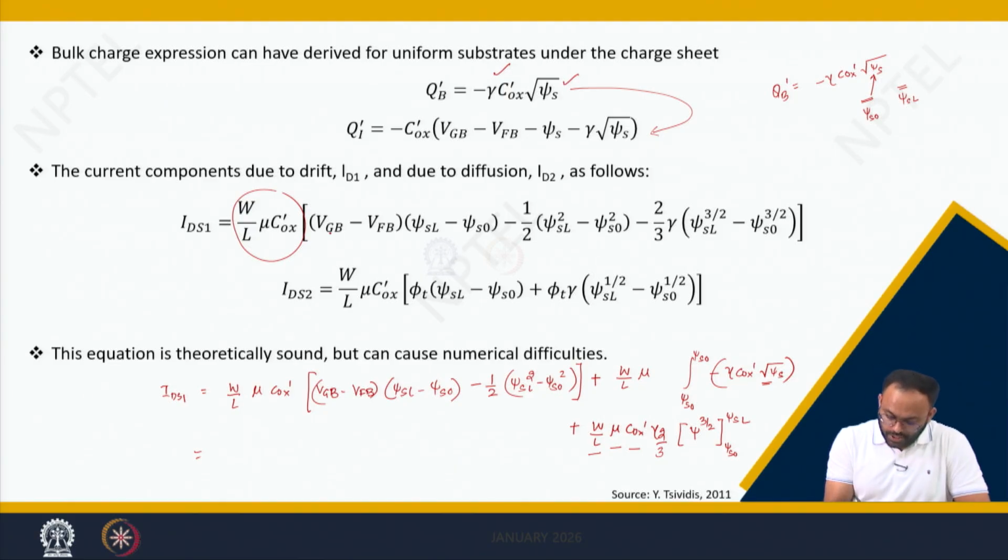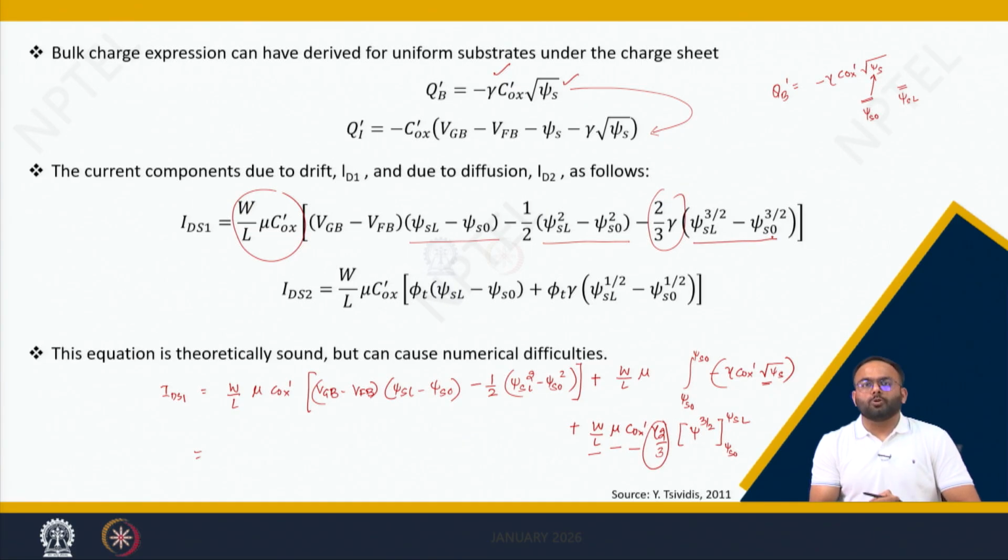So you will get (VGB minus V flat band voltage) into (psi sL minus psi s0) minus half of (psi sL square minus psi s0 square) plus 2 by 3 gamma factor, which is coming here, into (psi sL to the power 3 by 2 minus psi s0 to the power 3 by 2).